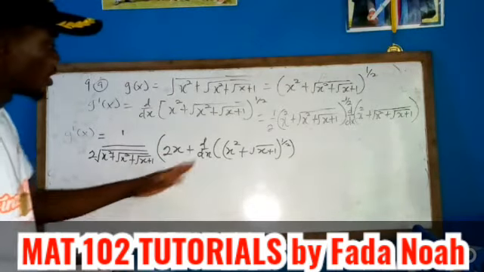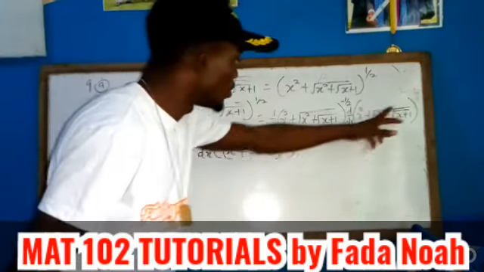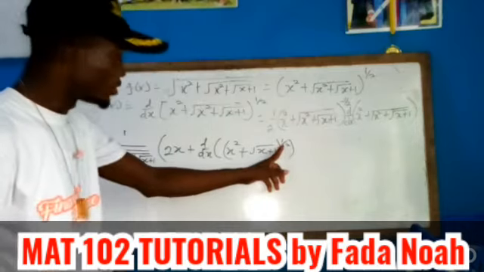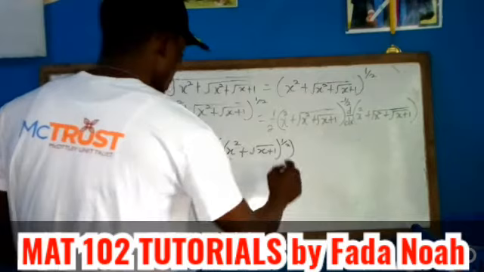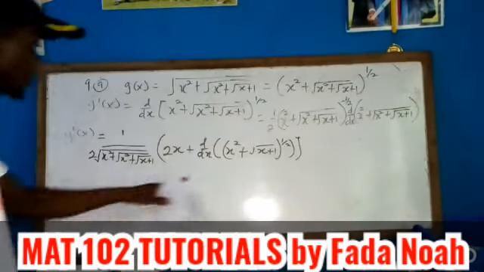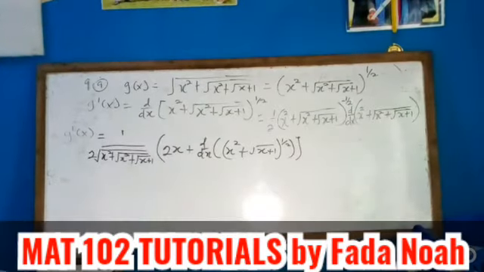Here, the bigger square root is the same as the 1 over 2. Okay, so we now find the derivative of that one.